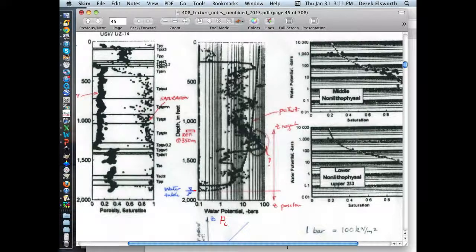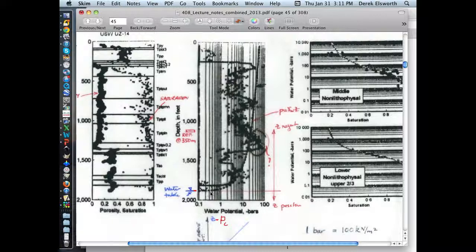And these dots are the magnitudes of the capillary pressure measured within the matrix in the whole column at Yucca Mountain. And you see that the water potential is actually negative capillary pressure. So these are in tension. And so there's 10 atmospheres of pressure in the water, in tension, in the pore space in the rocks.